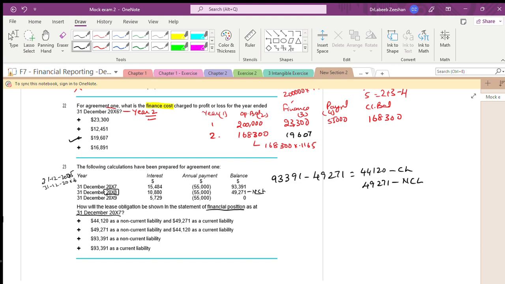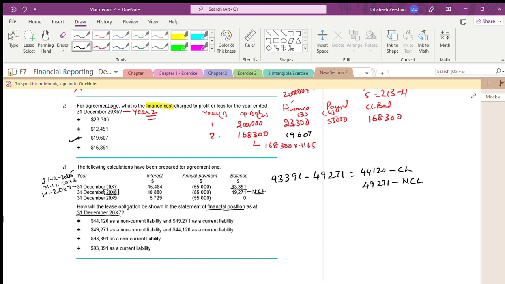In this balance, how much is the current liability and how much is the current asset? Now, what happens here? First, 1/1/2007 to 31st December 2007, for the next 12 months.